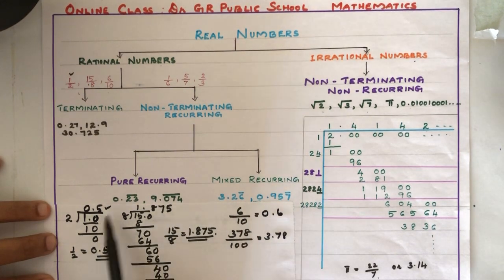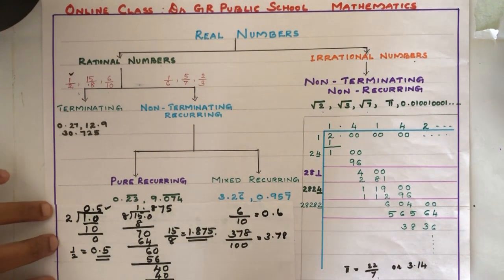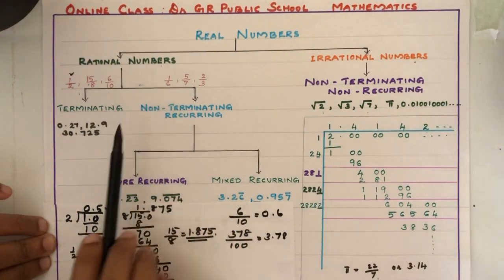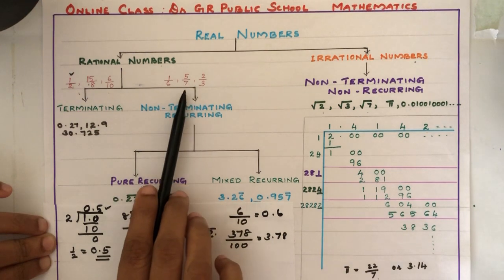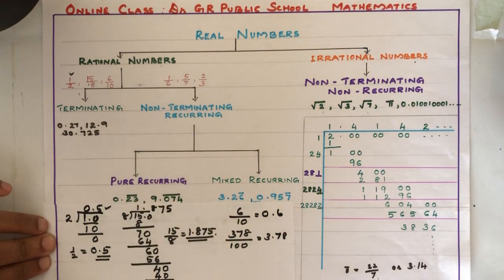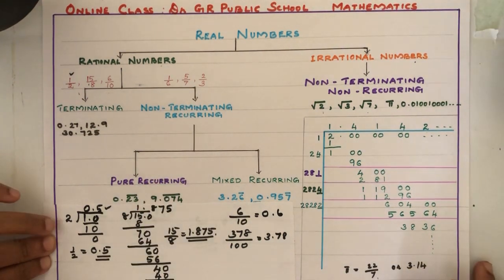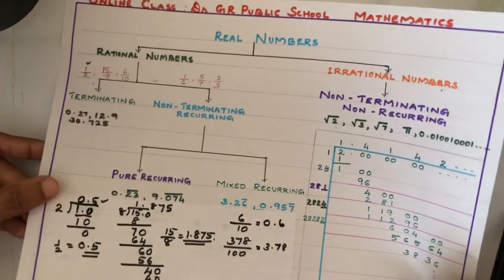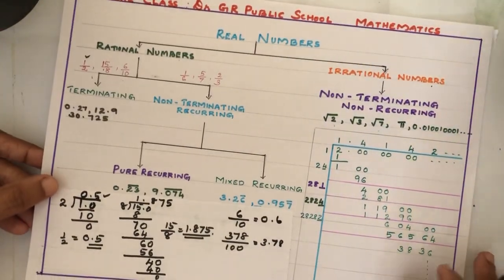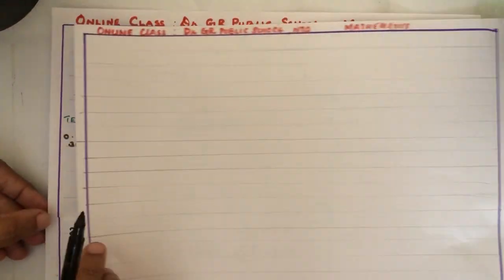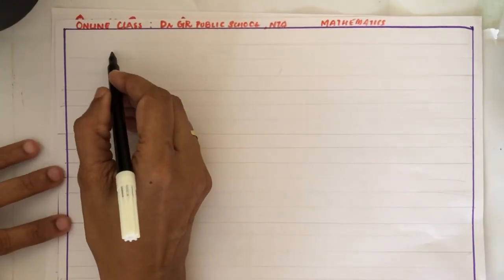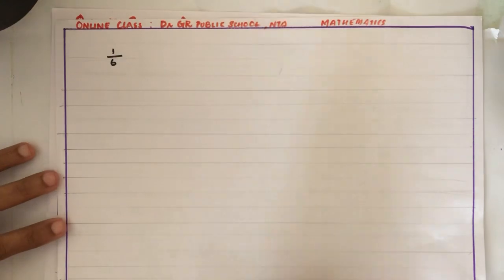Then, if we have numbers like 1 by 6, 5 by 7, 2 by 3, let us verify what will be the decimal form of these numbers, taking one or two of them. Consider the first number, 1 by 6.